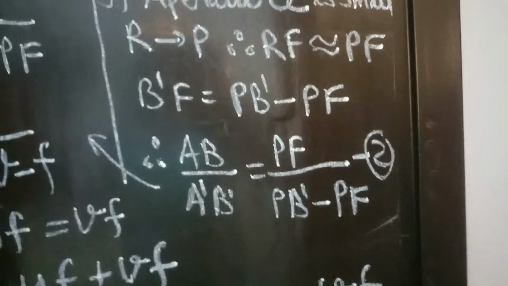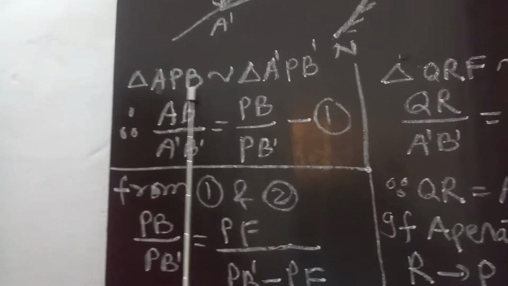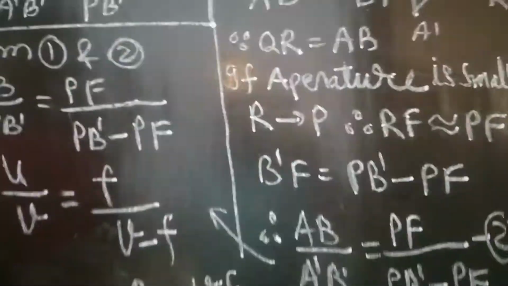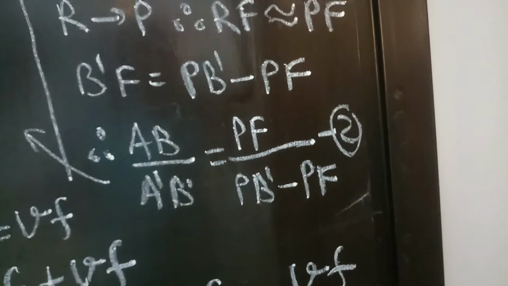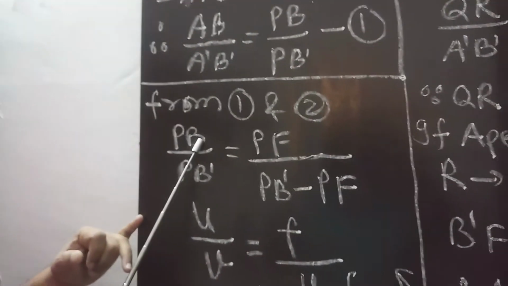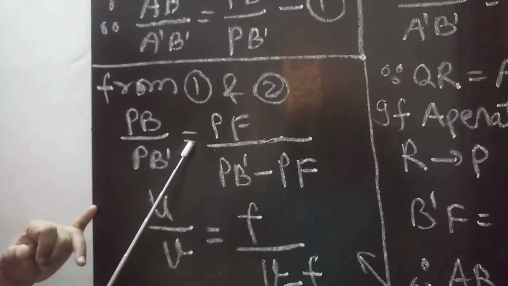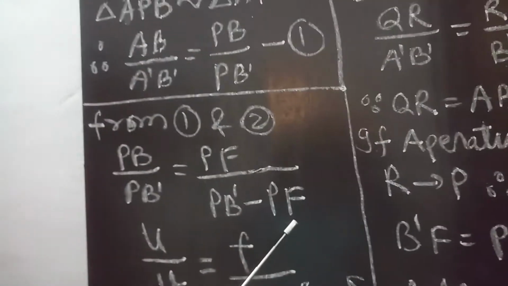Now you compare the two equations 1 and 2. You will observe that the left hand parts are equal. Therefore, the right hand parts will also be equal: PB upon PB dash equals PF upon PB dash minus PF.